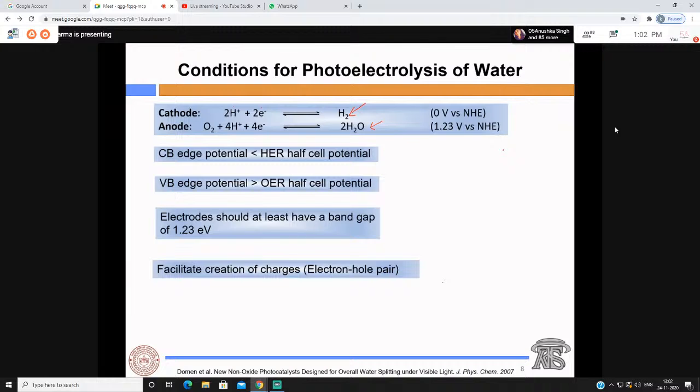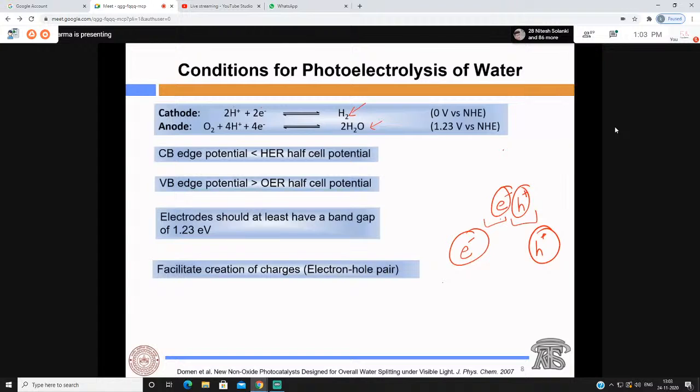Next, we generate the electron and hole by the excitation of light. Electrons and holes are merely a distribution of energy; it is a polarized form of energy. But in space, they are all together there itself. So we need to separate these energy entities from each other so that they can be utilized for our specific purpose.